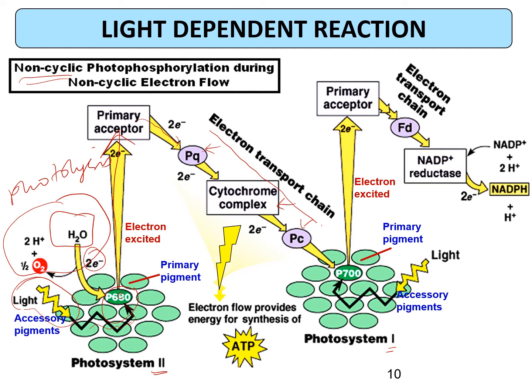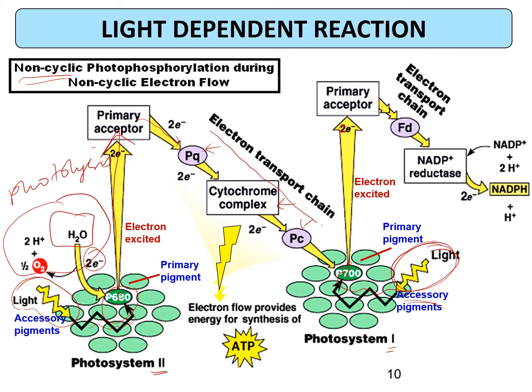While P680 is exciting an electron from the primary pigment, P700 also receives the energy from the photon, which is absorbed by the accessory pigments, and also excites an electron to the primary electron acceptor. So every time it involves 2 electrons.